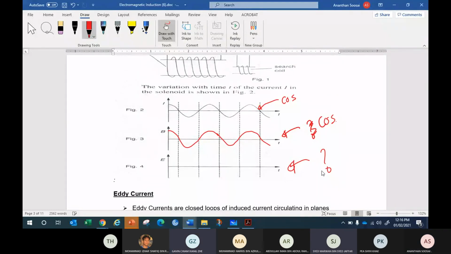Cos, you differentiate, you get negative sine. Then you reflect some more, right? So it becomes a positive sine. Okay, it's a sine graph.